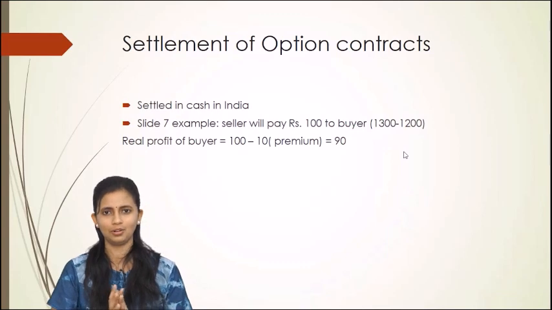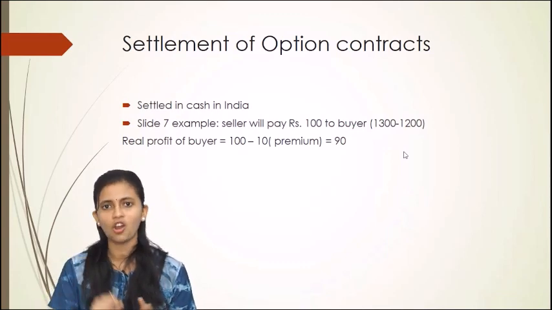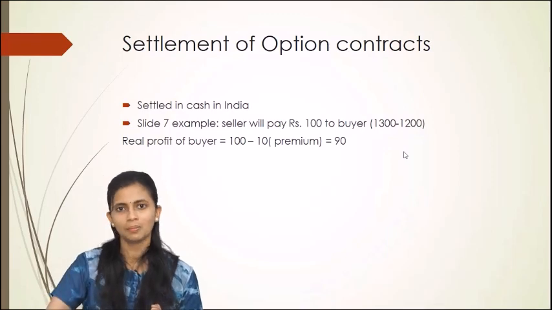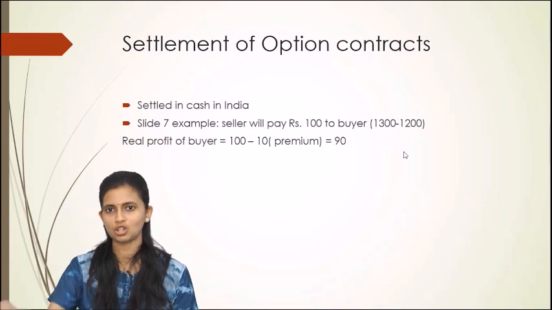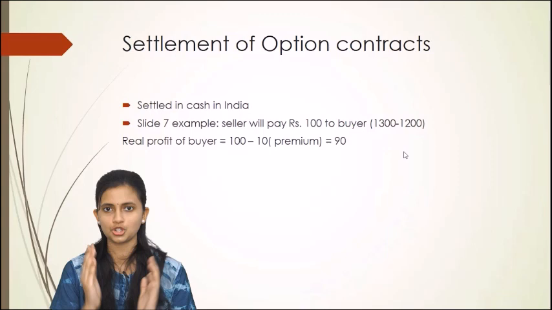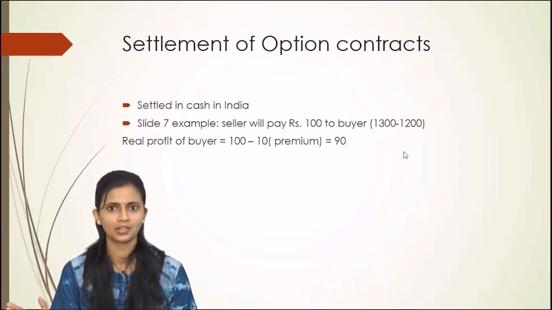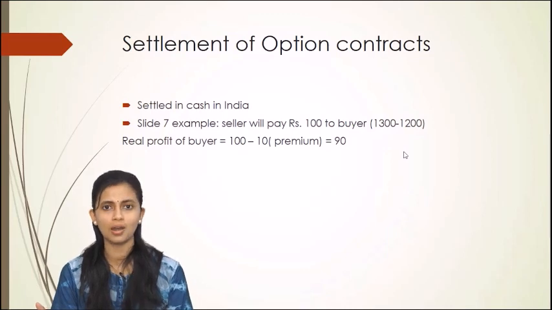Now what is all about? What is the logic behind this? See, executing the contract means what? The buyer will execute the contract, he will purchase the shares or the stock from the seller, and will he hold it? Will it give him anything if he holds it? No, right? On the day of execution of the contract, if the value of that particular stock is 1300, whereas he entered into a contract for 1200, right?